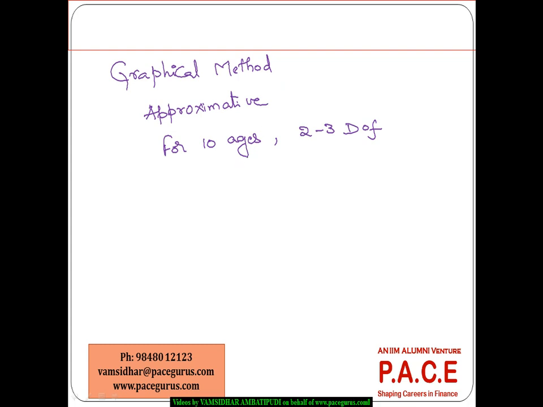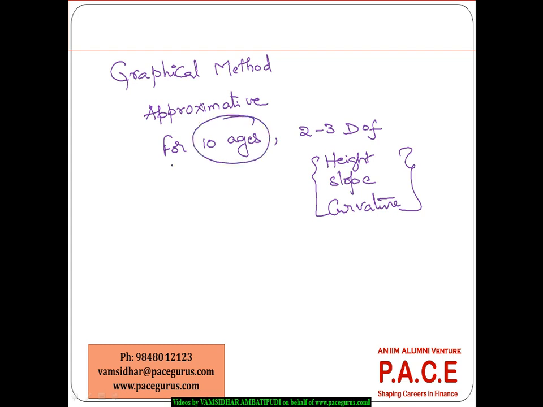So probably one associated with height, one associated with slope, or probably one associated with curvature. To address all these elements, typically reduce 2 to 3 degrees of freedom for every 10 ages.